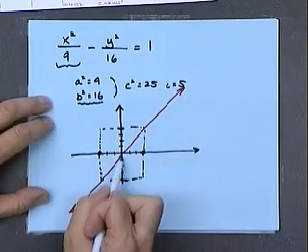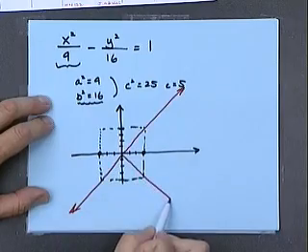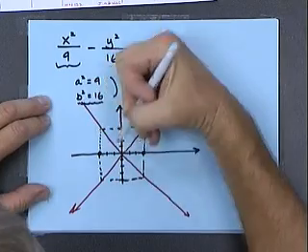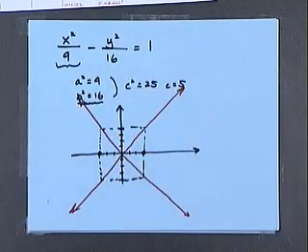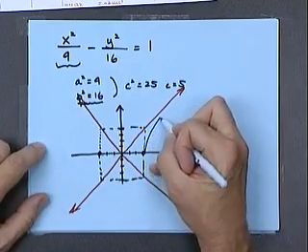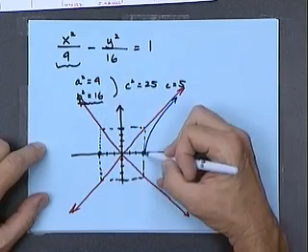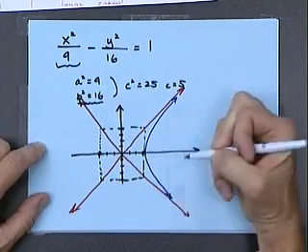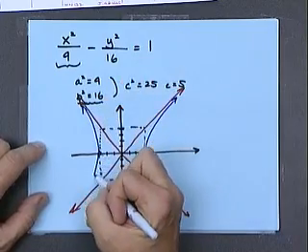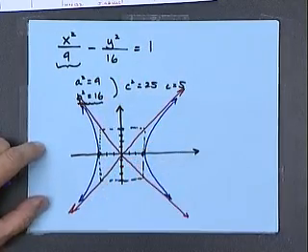So there's one asymptote. There's the other. So if we start here, open this thing up. Kind of tells us how fat or skinny each branch of the hyperbola is.